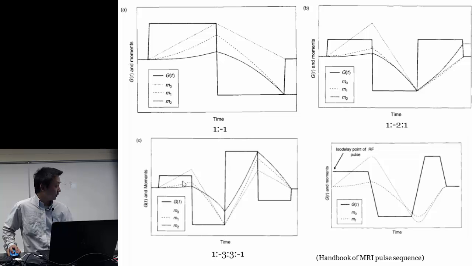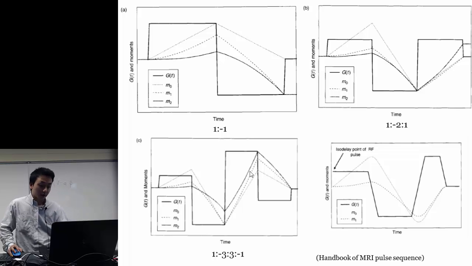The areas are 1 here, then minus 3, positive 3, and minus 1. In this playout, all three orders of the gradient moments return to 0 at the end of the whole playout. So this 1, 3, 3, 1 playout can compensate the effect even with the acceleration effect.